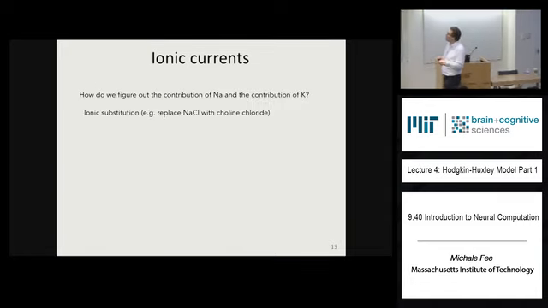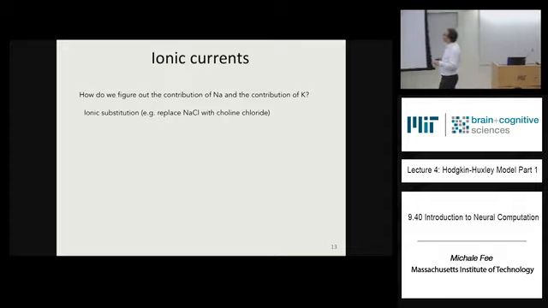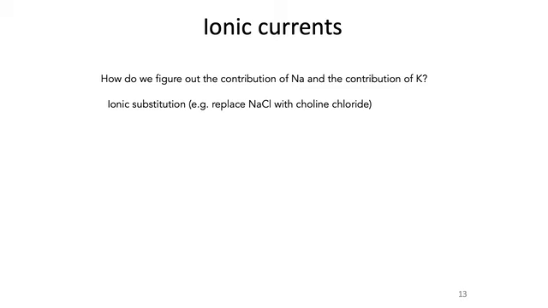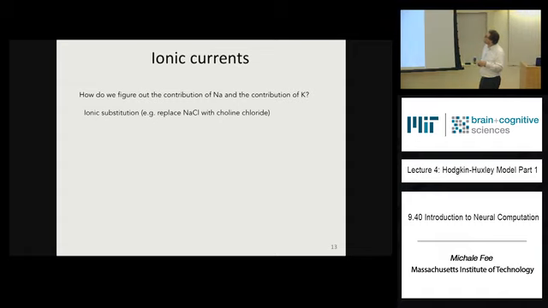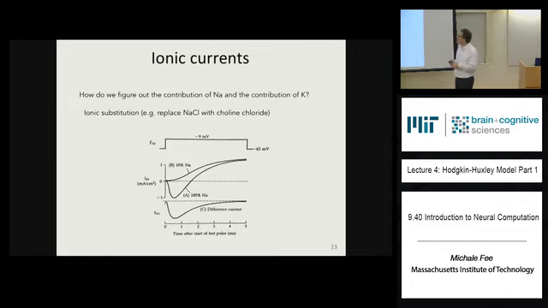And so what they did was they did an experiment where they replaced sodium outside the cell, outside the axon, with an ion. They kept the chloride, but they replaced the sodium with choline. So they used choline chloride. So it's a salt solution, but it has no sodium in it. And then they redid that experiment, and here's what they found.